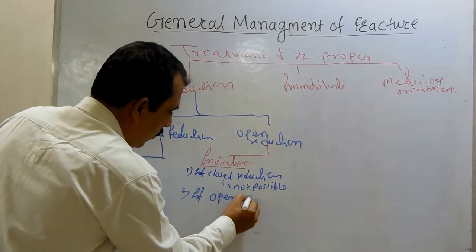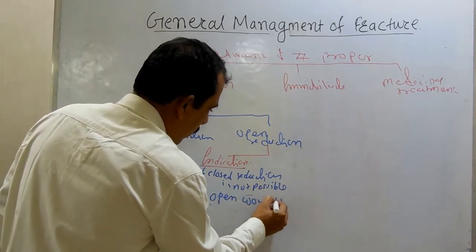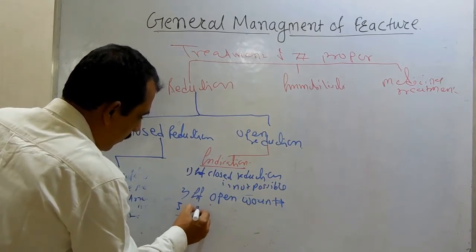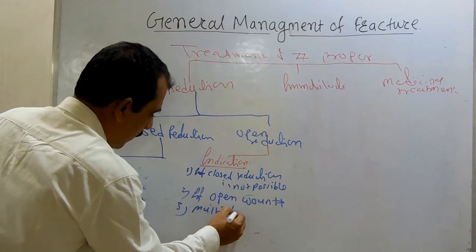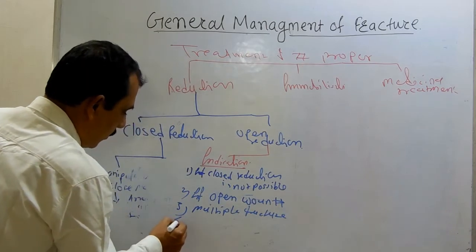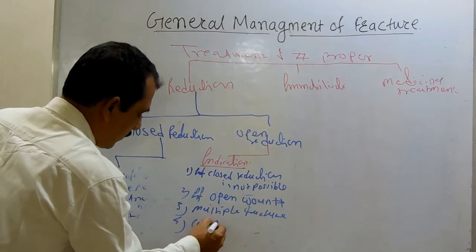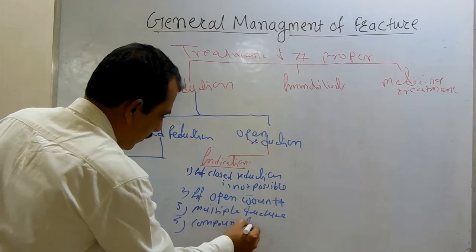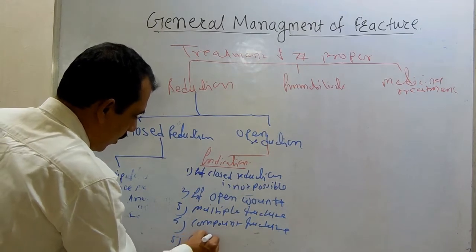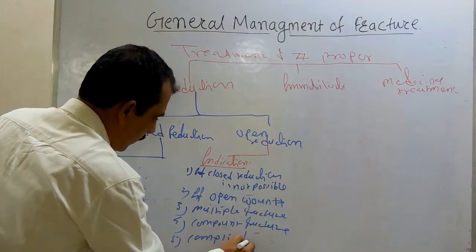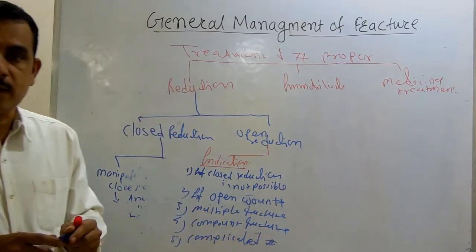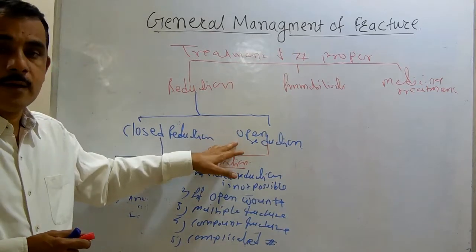Third, multiple fracture. Fourth, compound fracture. Fifth, complicated fracture. So these are the indications for open reduction.